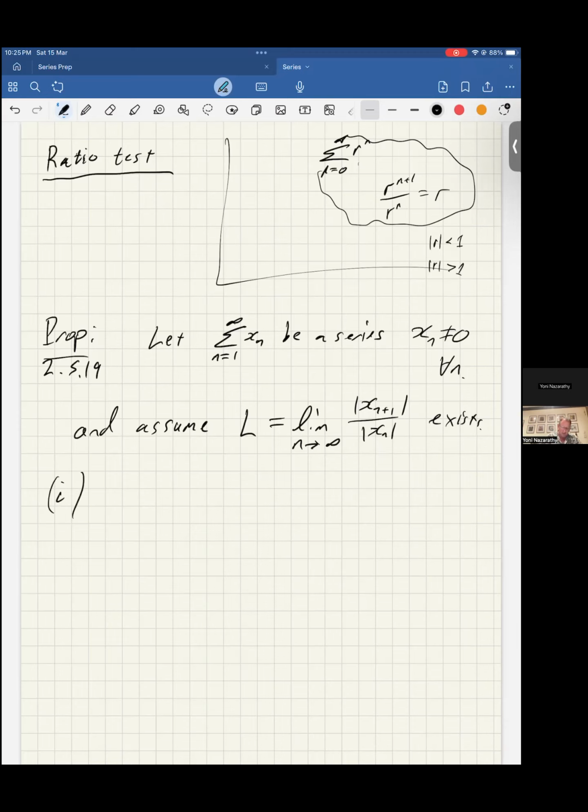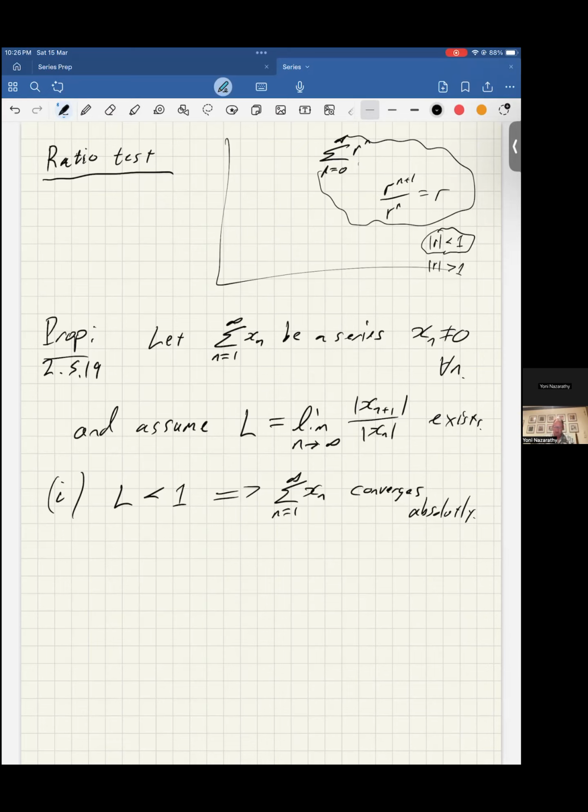So if this limit L of the ratio is less than one, that puts us in analogy with this regime, then the series converges absolutely. So it doesn't only tell us that the series converges, it tells us that it converges absolutely. That becomes relevant if we have negative terms.